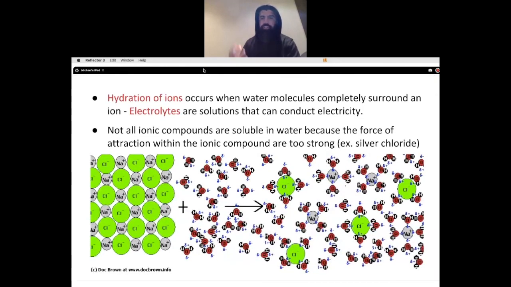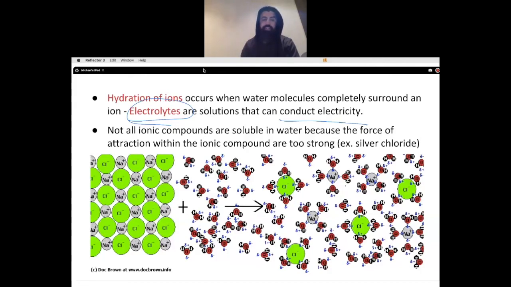So here it is, just another diagram. Understand that when we have the dissolving of an ion, we are creating an electrolytic solution. They contain ions that will conduct electricity.